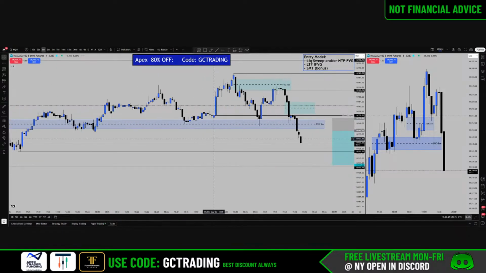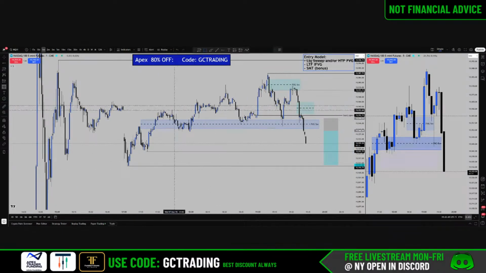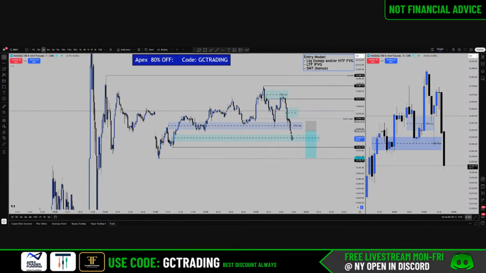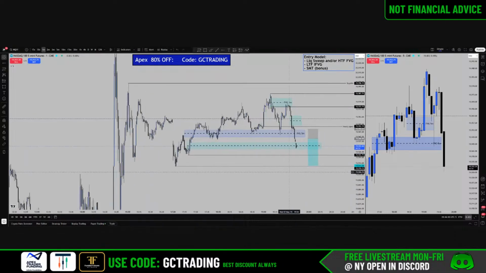Do have a 1 minute gap over here. Sorry, I was looking at it on my other monitor. Do have a 1 minute gap right there. So we did fill that gap right there. So we want to see price inverse that gap. It is a 1 minute. We have a really nice sell sequence here.